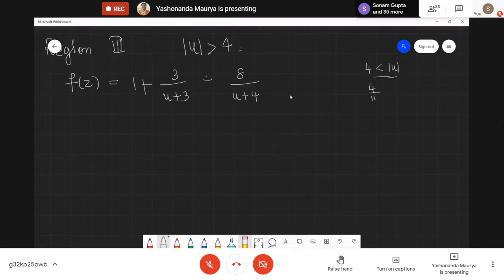Therefore 4 divided by mod u is less than 1. So u should be taken out common. It will be 1 plus 3 by u when we take out u common, and similarly from this bracket also we have to take out u common, so it will be 1 plus 4 by u. Now you can expand this.